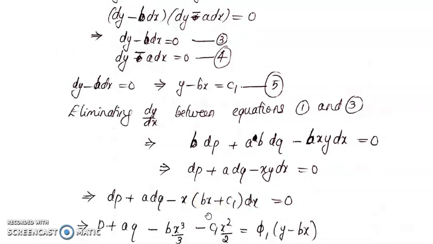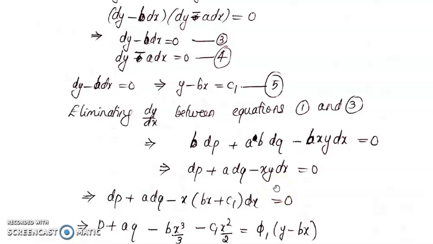You will get the solution as p plus aq minus b x cube by 3, then minus c1 x square by 2, equal to a constant. The constant can be replaced by an arbitrary function of y minus bx.